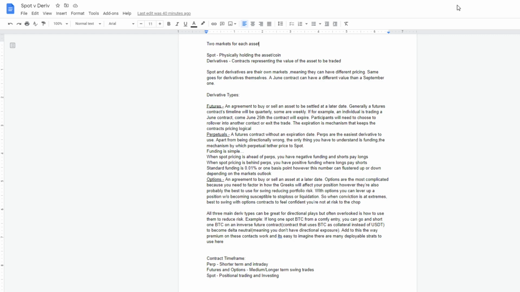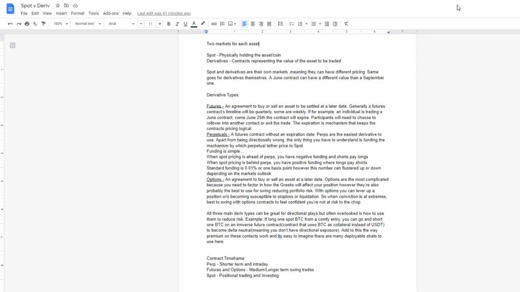And an important thing to point out before we get into identifying what derivatives there are is that spot and derivatives are their own markets in that every exchange and every contract has its own individual order book, which means that they move on their own, right? So everything's tethered to itself, right?